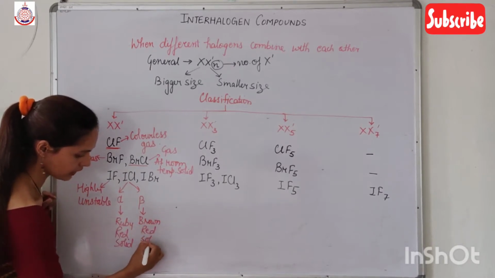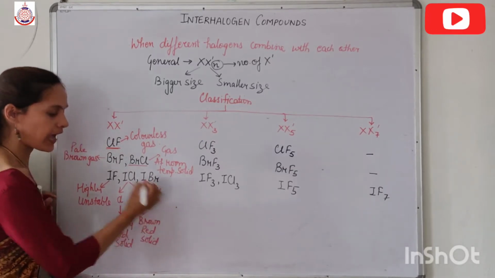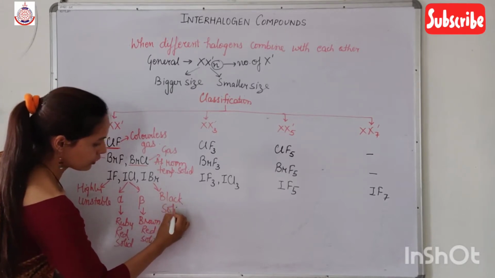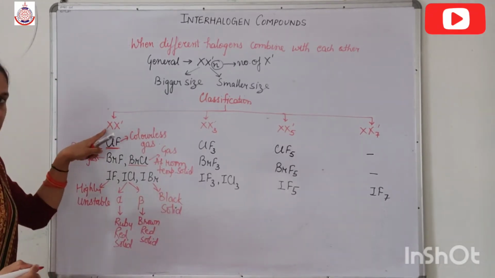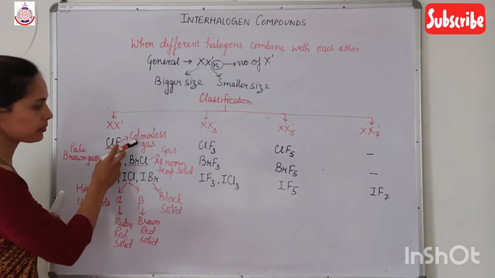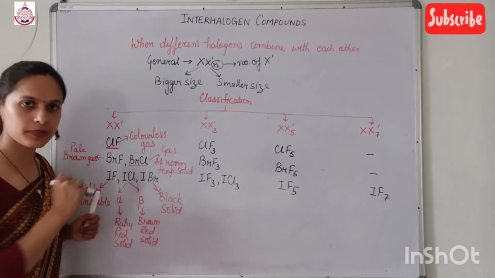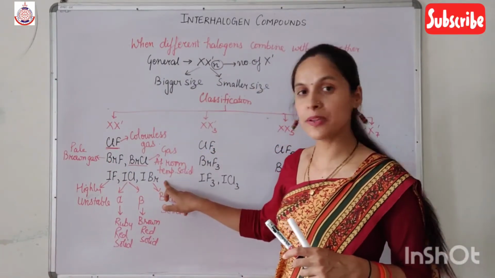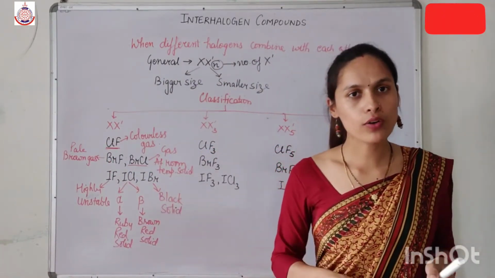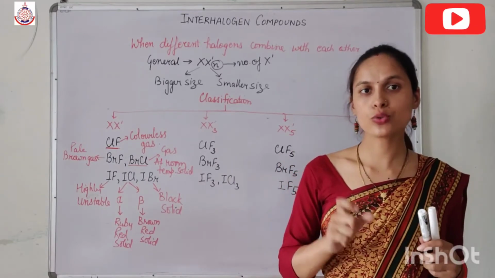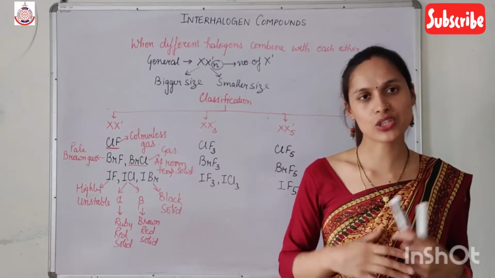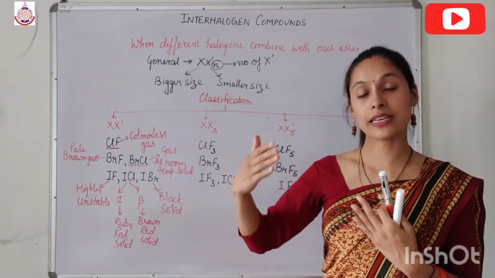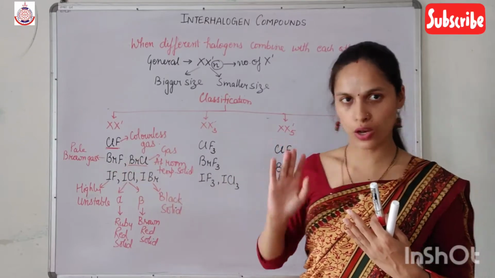IBr is a black solid. So the first member of this family, XX', is a colorless gas, while the last member is a black solid. Why? Because as we move from ClF to IBr, the van der Waals force of attraction increases, and the state changes from gas to liquid, liquid to solid.